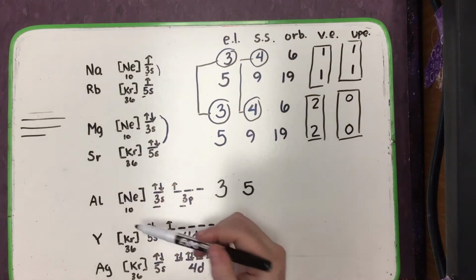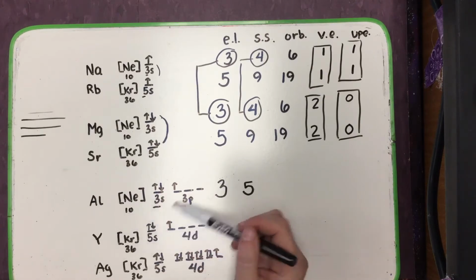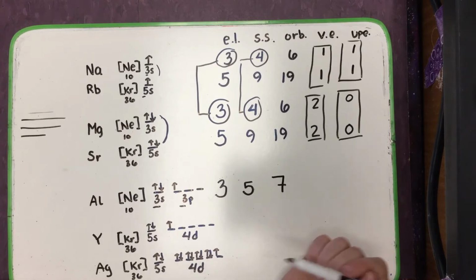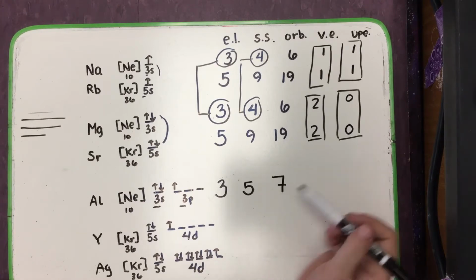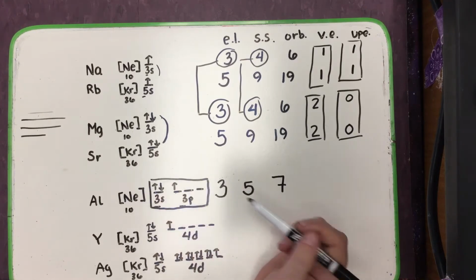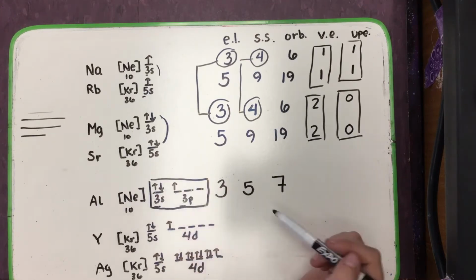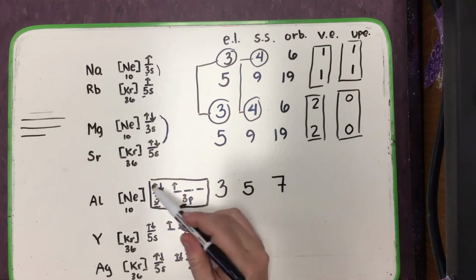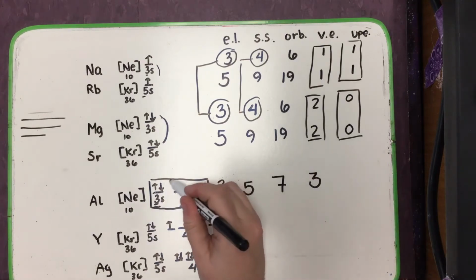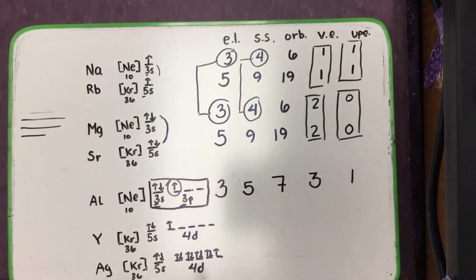For our orbitals, we take our noble gas divided by 2 plus the line, so that's 5, 6, 7 orbitals that are occupied. Valence electrons are going to be all of these electrons that have at least 1 arrow above the biggest number, so that would be 1, 2, 3 valence electrons. And unpaired, we've got 1.